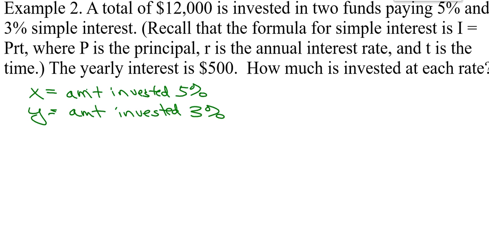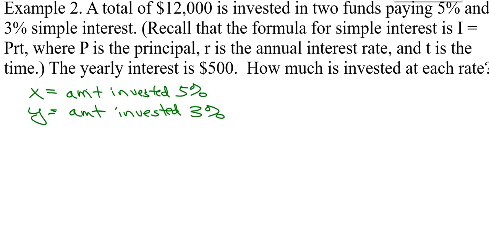So, what are some relationships here? What's an equation you can come up with? Well, the total that we're investing is $12,000. Well, no. Let's go back a little bit and think about how we're getting these numbers.